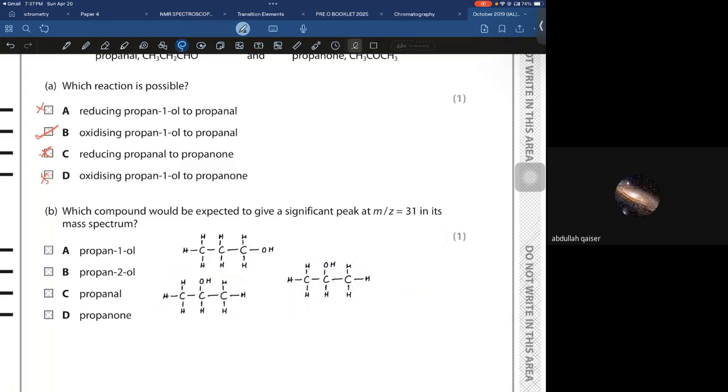What do the peaks depend on? What property gives us a higher peak? It's a propanol, and then it's propanone.